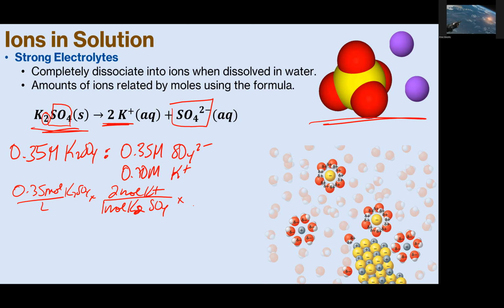Then this is 0.70 molar K plus. That's where that comes from. Okay. We can get the conversion factors out of the formula, right? And we also said before, if we wanted to talk about oxygen atoms, we could say there's 4 oxygen atoms. We're going to focus on ions in solution because we're not going to have loose oxygen atoms.